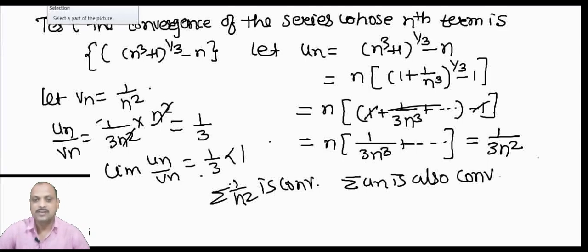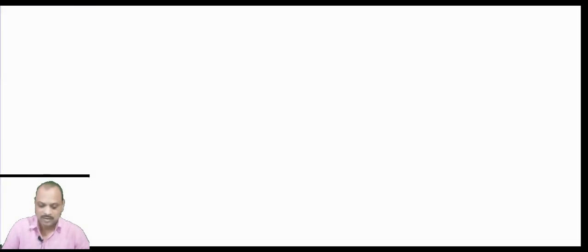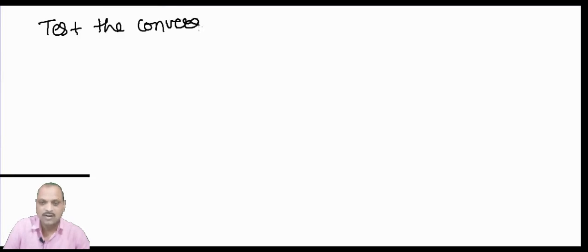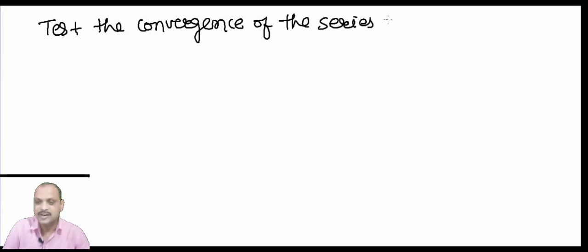Now we see the last example on this test and we stop. The example here: test the convergence of the series summation 1 divided by n raised to 1 plus 1 by n.